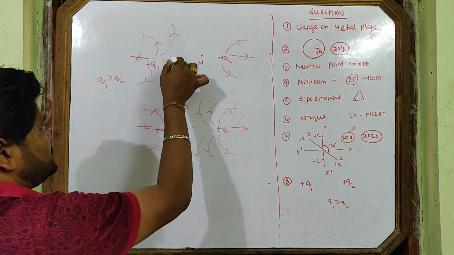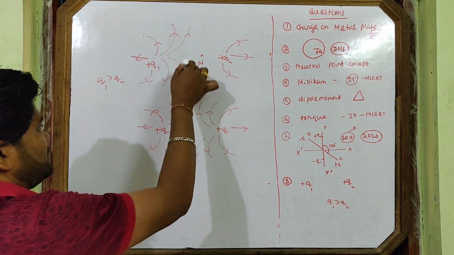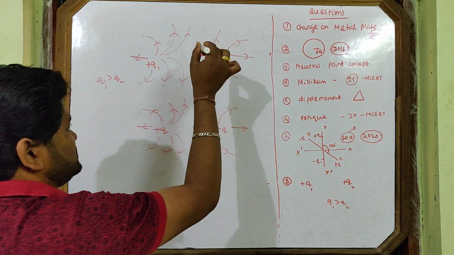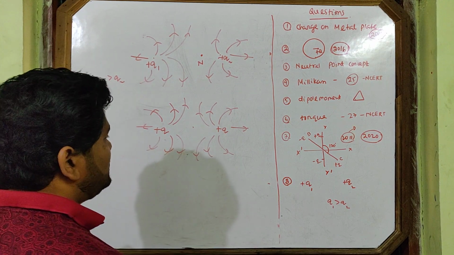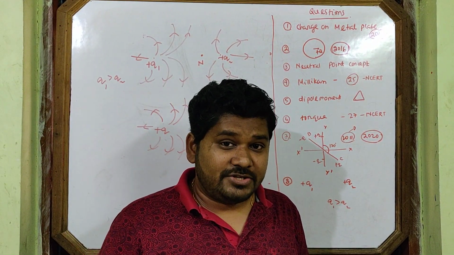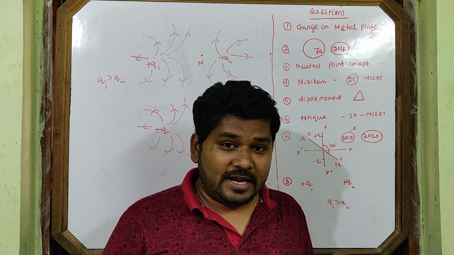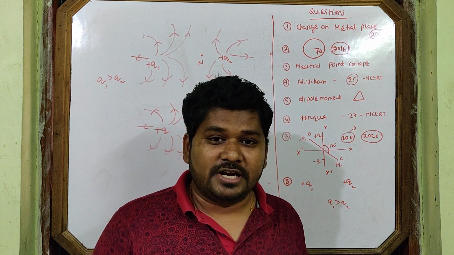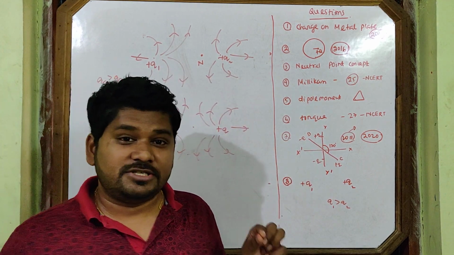More lines of force will start from plus Q1, and fewer from plus Q2. How many lines of force start from a charge is proportional to the magnitude of the charge.